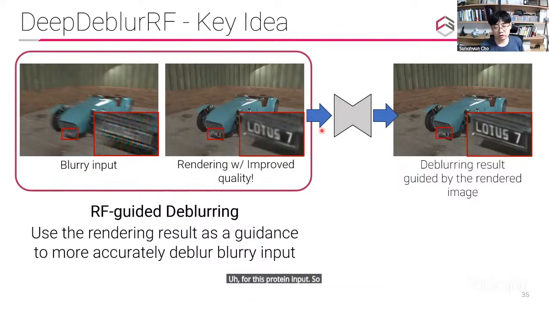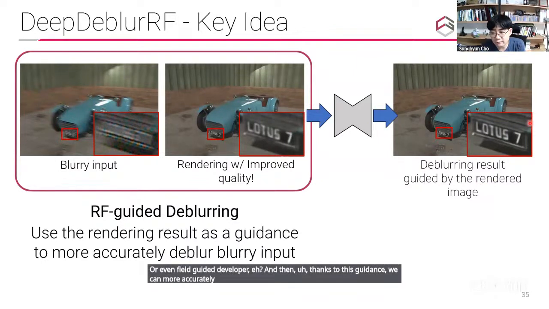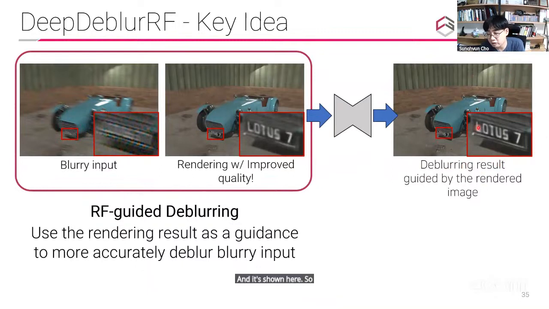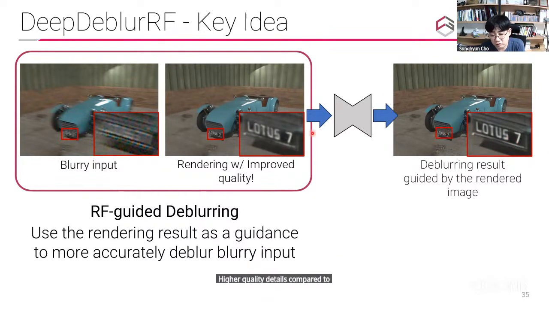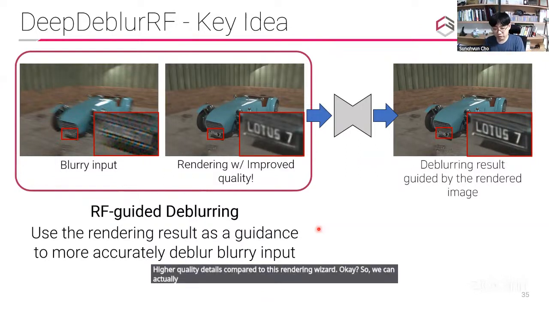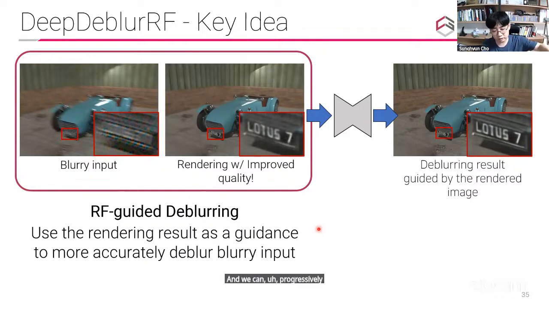We call this step RF guided deblurring, or radiance field guided deblurring. Thanks to this guidance, we can more accurately restore high frequency details from this blurry input, as shown here. As you can see, this deblurring result has higher quality details compared to this rendering result.